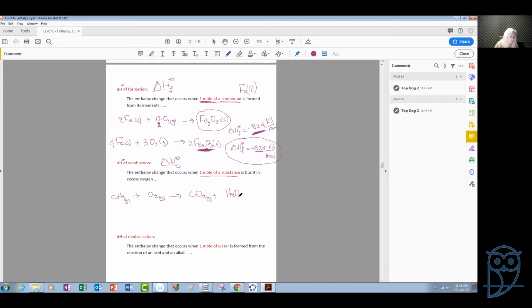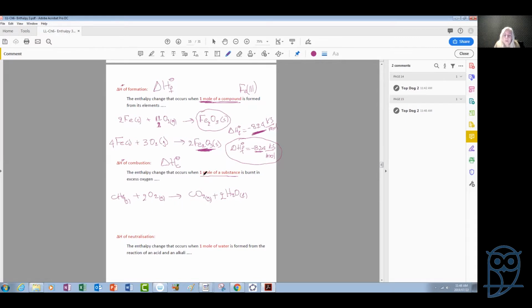Water could be liquid usually. Sometimes they give it to us as a vapor, but fortunately here they give it to us as a liquid because water in its standard state is liquid. So let's see now, 1 carbon, 2 oxygens, 2 and 1 is 3. Okay, we need to put here 2 waters and here 2 oxygens to balance it. I hope it's balanced now. Yeah, it's balanced. All right.